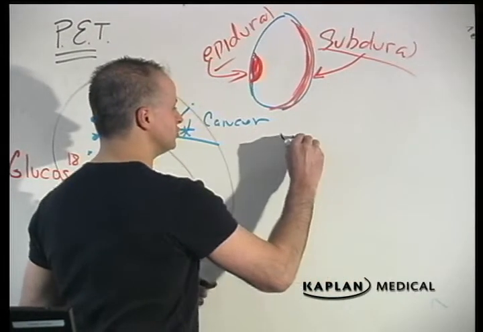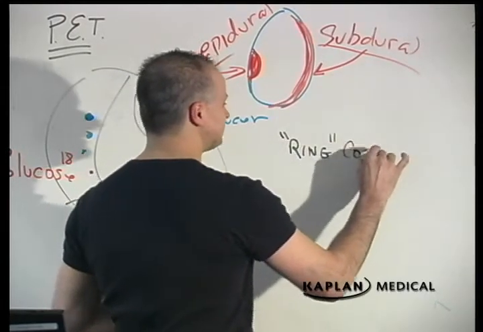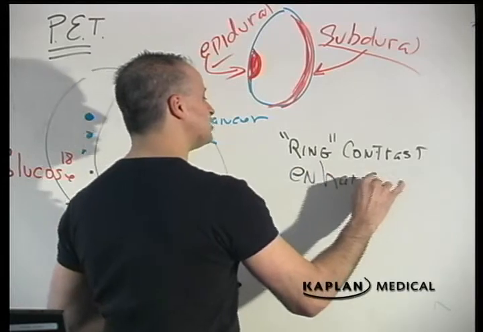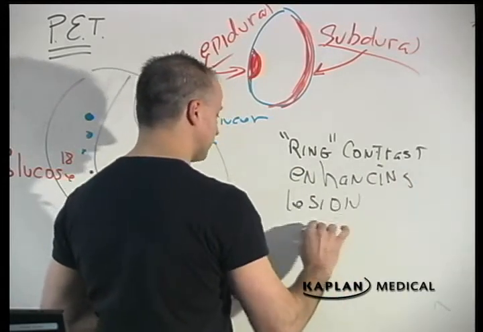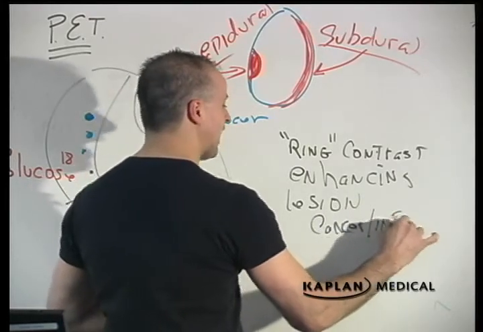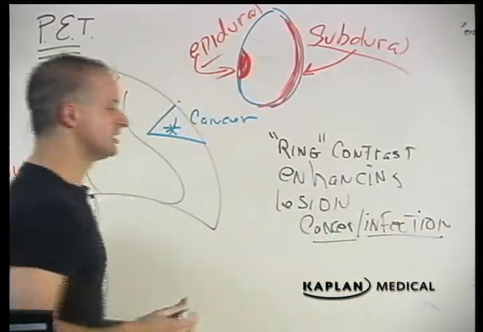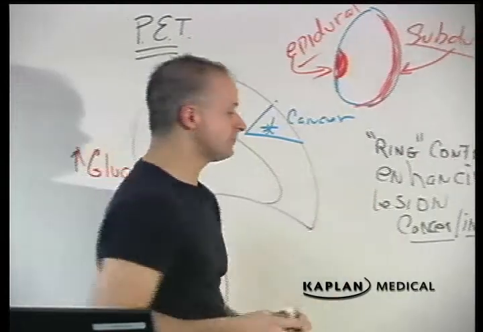Now, ring-enhancing lesions, also known as contrast-enhancing lesions, are basically two things: cancers and infections, abscesses. So ring or contrast-enhancing lesions can be two types of things.